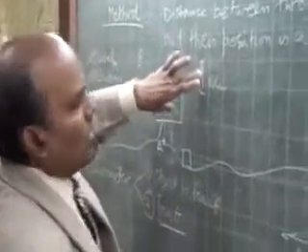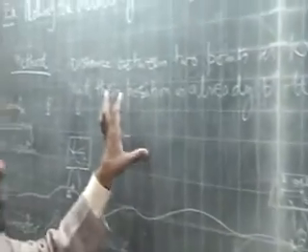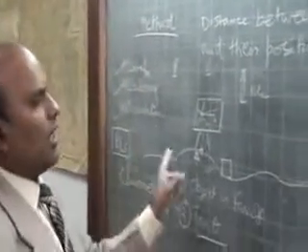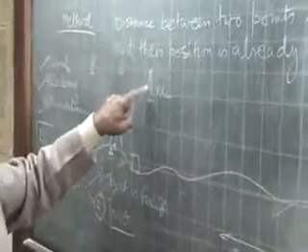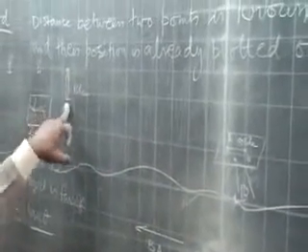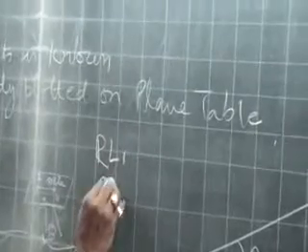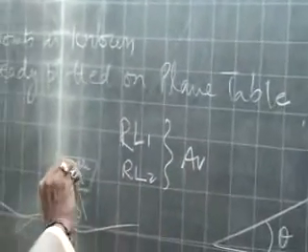Tangent theta 1 here, tangent theta 2 of the same object here. We will get two values of the RLs, one from here, another from here. If I know the RL of A, I can find out the RL of the pole. If I know the RL of B, I can find out the RL of the pole. So I get two RL values of the pole, RL1, RL2. I will take the average value and that value I will write here.